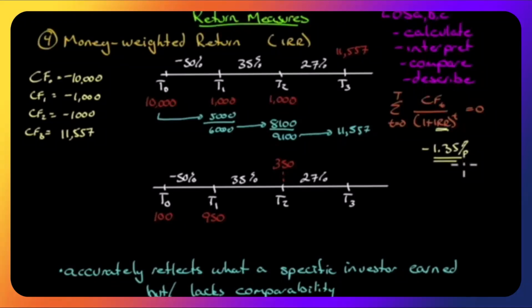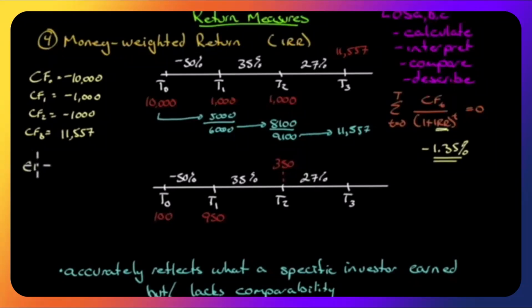Does that make sense? Well, we put in 10, 11, 12, and we're getting out 11,557. So we know we're going to have a negative rate of return on this. We know we are. And of course, negative 1.35 looks like it makes sense.